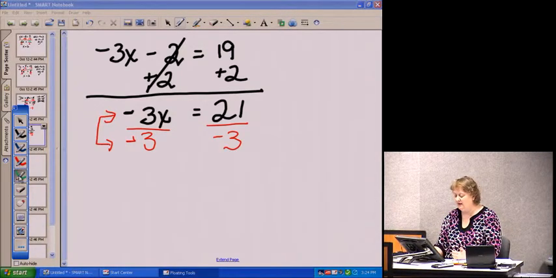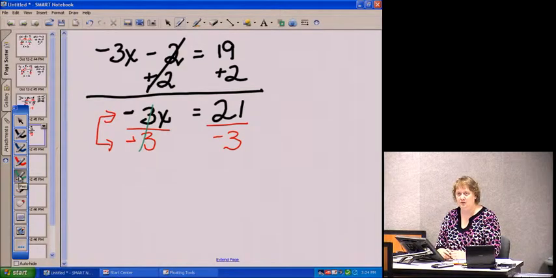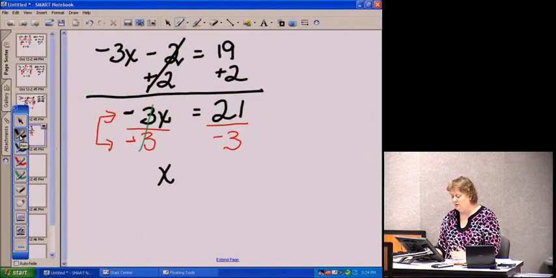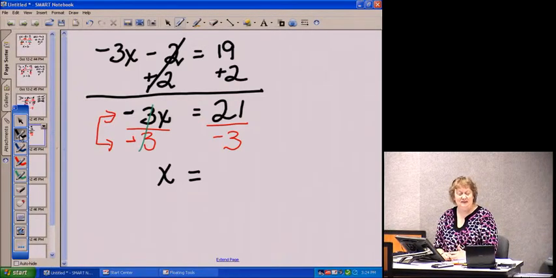And that's our goal here, to get those to cancel to be 1 and leave us the x by itself. We don't want a negative 1, we want a positive 1, so it has to be the same sign. A negative divided by a negative gives us a positive. So we need the number to match its sign. So not just a 3, but a negative 3. And what we do to one side has to be the same on the other side. So that has to be a negative down here.